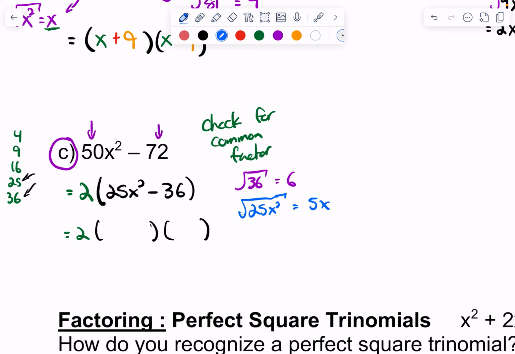So the square root of this one goes right here, 5x. The square root of the back one goes right here, 6. And that happens also in the other bracket, so 5x and 6. And then you just put alternating signs. And there you go. That is a difference of squares. With the only difference here being that we had to common factor this 2 out.